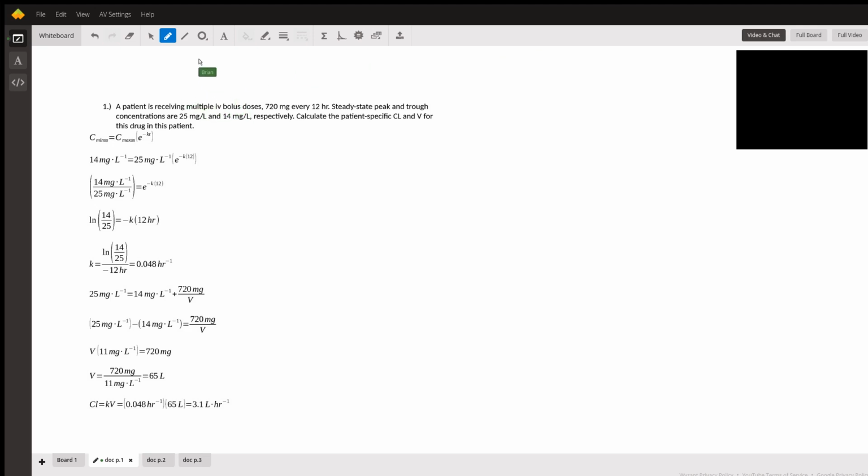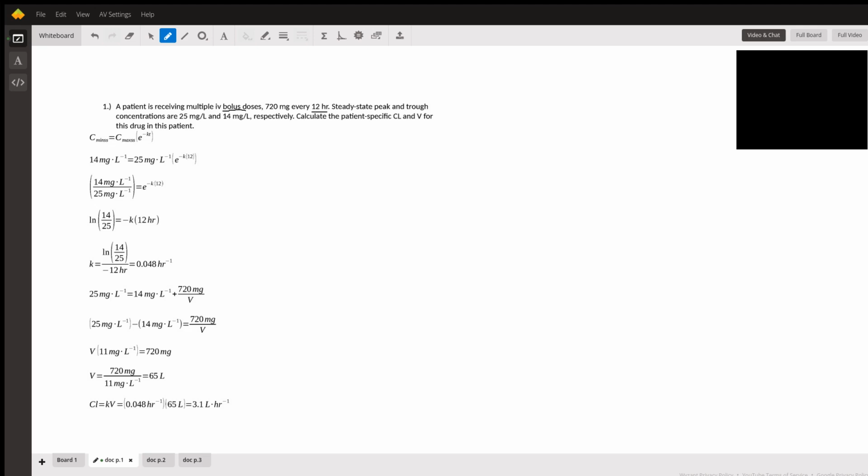So, because this drug is being given IV bolus intermittently every 12 hours, and we have steady state peak and trough concentrations, we can use the equation C min steady state equals C max steady state times e to the negative kt, where k is the rate constant of elimination and t is the time between doses.